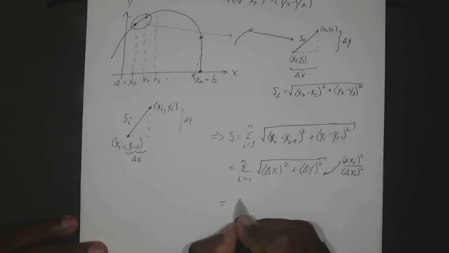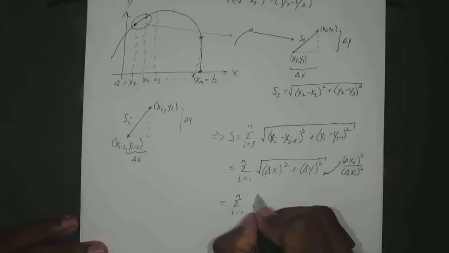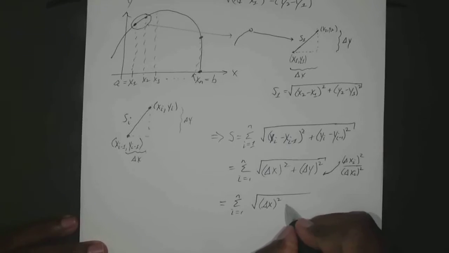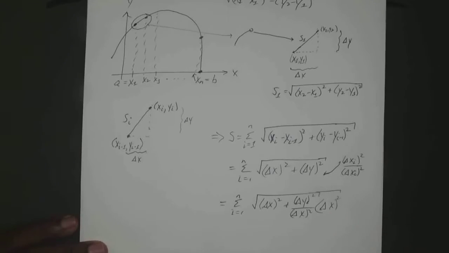Okay, so that would give us the sum from i equals 1 to n square root of delta x squared plus delta y squared over delta x squared times delta x squared. So all we did was get the denominator and put it right up underneath there and have our delta x still on the outside.